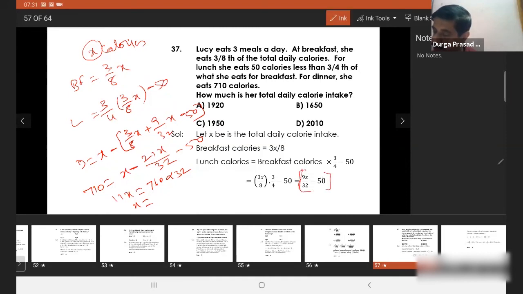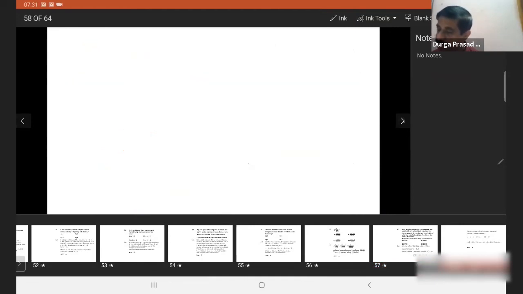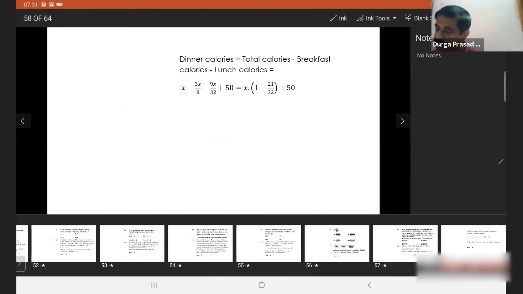Now next is what remains, x minus this. If you take x common, 32 minus 21 is 11x by 32 plus 50.